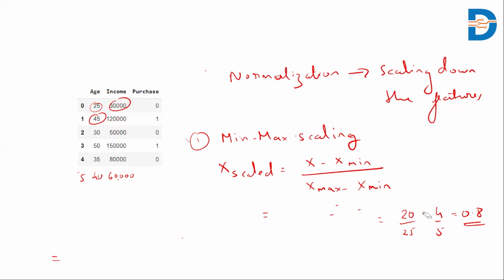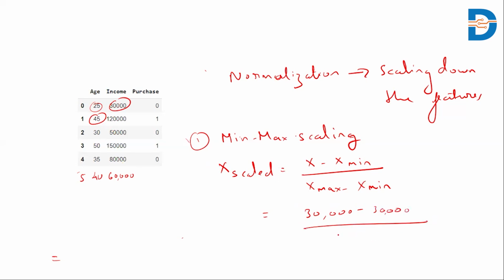Let's try doing that. Let's say my x over here is 30,000 minus the minimum of the salary, which is again 30,000 itself, divided by whatever that number is.